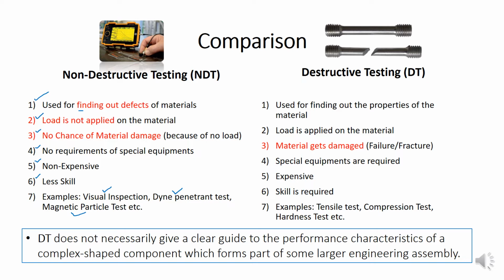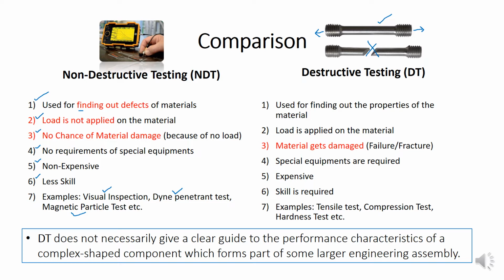Whereas in destructive testing, you can see here is a sample. It is a cylindrical dog bone shape sample which is used to perform the tension test. Means a tensile force is applied on this sample, and after the test you can see there is a fracture in this sample.